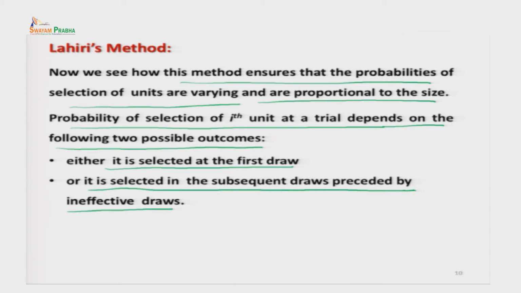Because as long as your draws are not effective, you keep on taking more pairs of random numbers, and as soon as you complete the nth unit in the sample, you will stop.